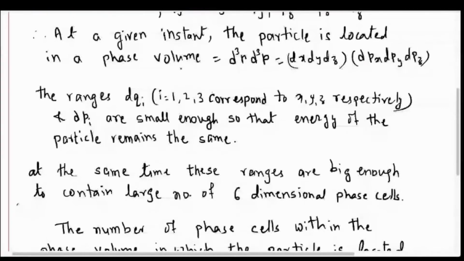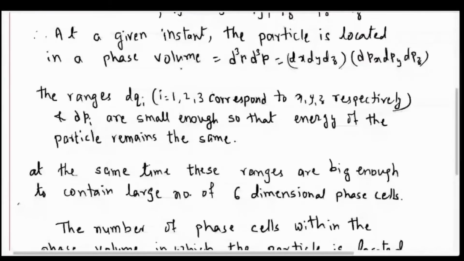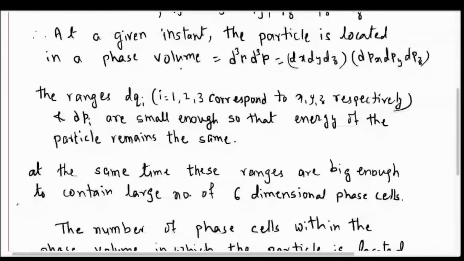If a particular energy level is non-degenerate, that means there is only one microstate or quantum state available for the particle to have that much energy. And so the uncertainty in locating the particle is minimum. Now this minimum uncertainty, that means d cube r d cube p, the phase volume giving that much energy, is going to be minimum.